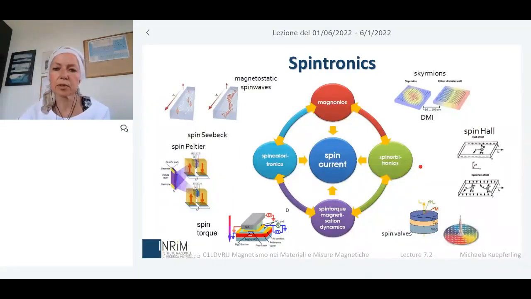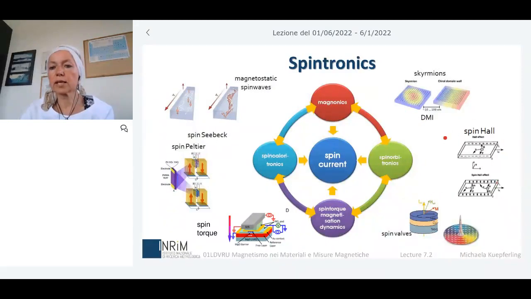And I also mentioned when we spoke about spin-orbit coupling that it may lead to non-collinear alignment of spins and may lead to certain structures like these skyrmions here, magnetization structures, and they have completely different properties with respect, of course, to traditional magnetic structures. And with these new properties, you can develop very new kinds of applications.